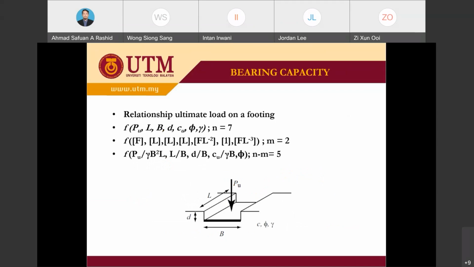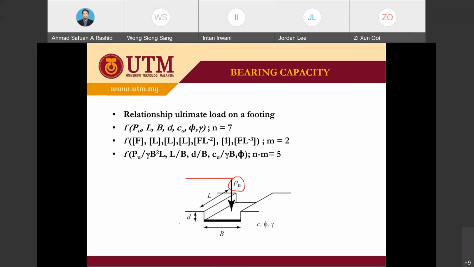Bearing capacity of soil. So for the bearing capacity of soil, Pu is the load, because it is a capital P, so this is the output, while L is the length of the footing. Then we have B, the width or breadth of the footing.